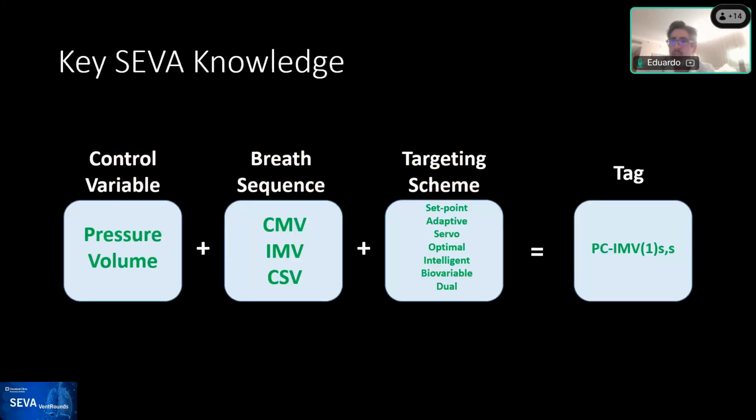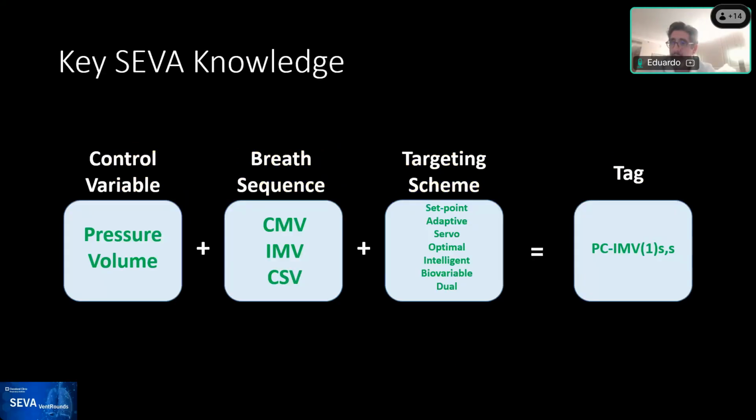All right. I just want to rapidly highlight that the key part of what we do is we have this taxonomy, which helps us understand what the modes of mechanical ventilation do, essentially a generic name.